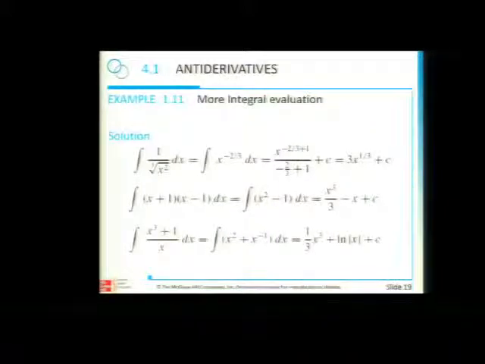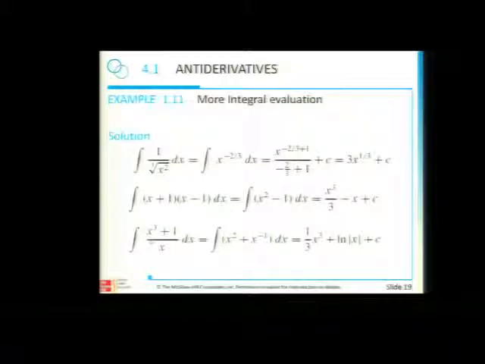So the original integrand, none of the rules can be used, but we can do some simple arrangement. Of course, there are many cases where you need more complicated arrangement to get something we can still apply the rules to. And then the third one, the same thing. None of the rules can be applied to this integrand, but we can split this into two terms.